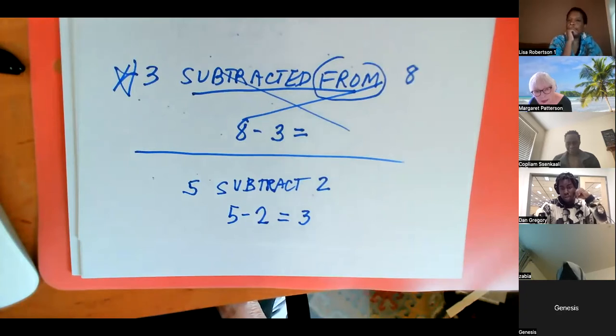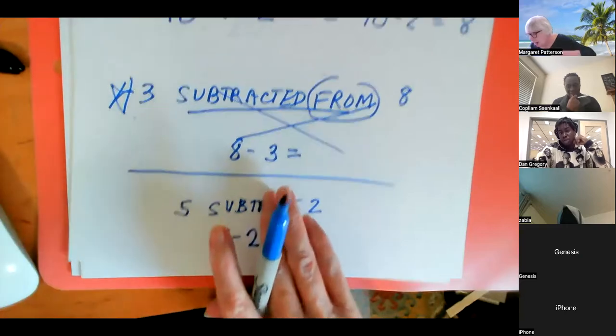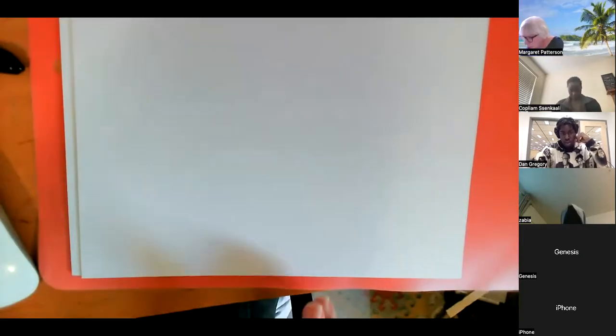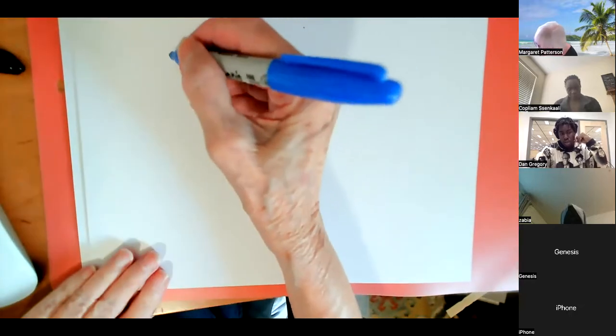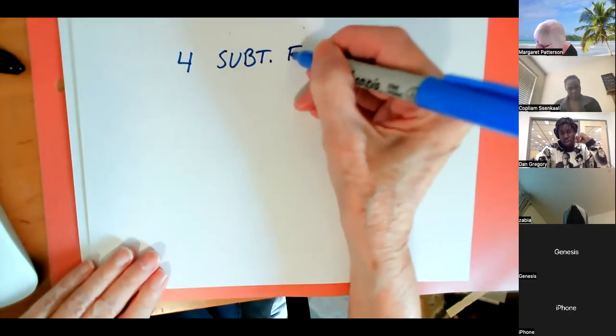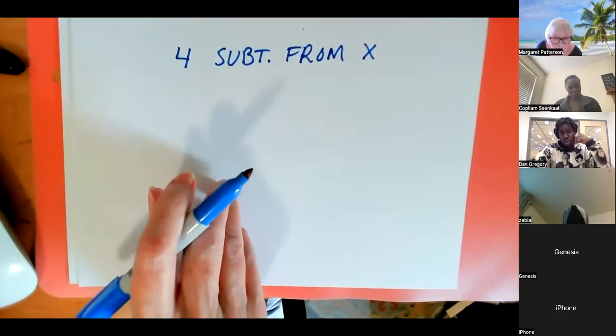The problem is this. Sooner or later, we're going to subtract more than what we have. That's how we go into negative numbers. And sometimes you won't even be able to see, for instance, 4 subtract, I'm going to abbreviate, from X, you can't tell which one's bigger.